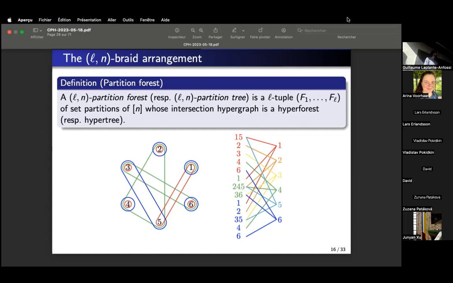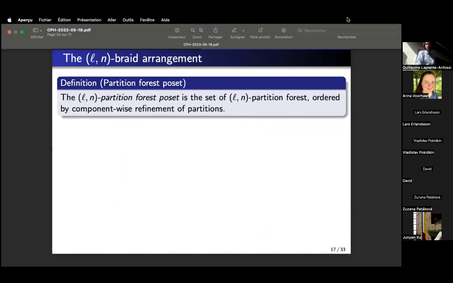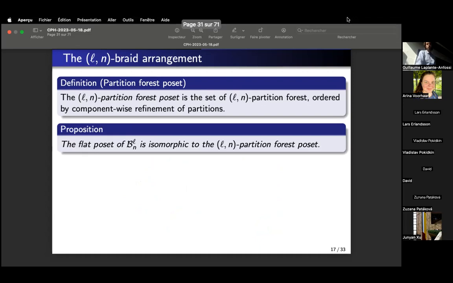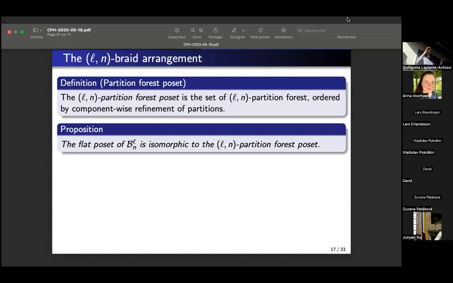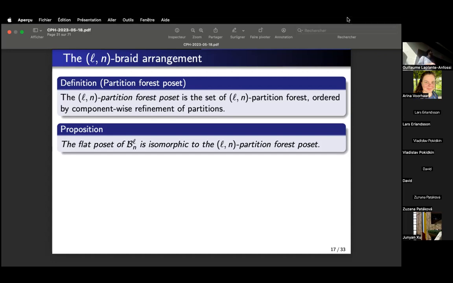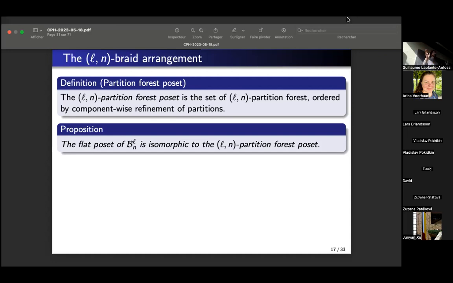Sometimes it might be all sorts of hypergraphs, but if you consider the ones that are hyperforests, you will actually obtain a faithful description of the flat poset that we're interested in. And the poset structure on these partition forests is component-wise refinement of partitions. So it's a very simple structure.